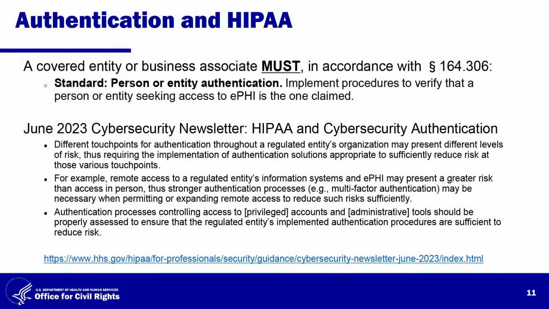From the previous slide, access to EPHI with no authentication via anonymous FTP, or even with authentication but using weak authentication rules and solutions such as 4 or 5 character passwords, does not ensure the confidentiality, integrity, and availability of EPHI.